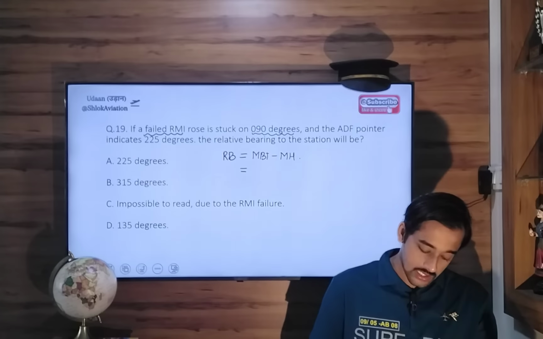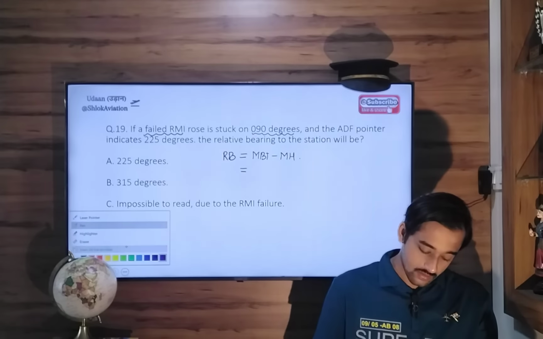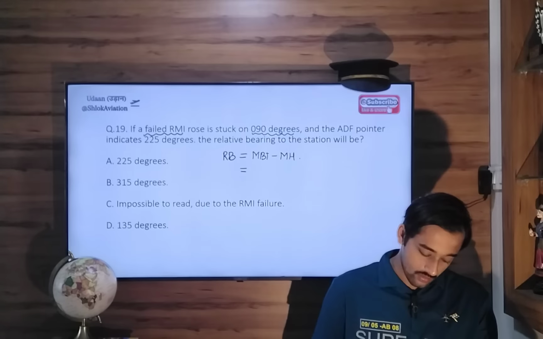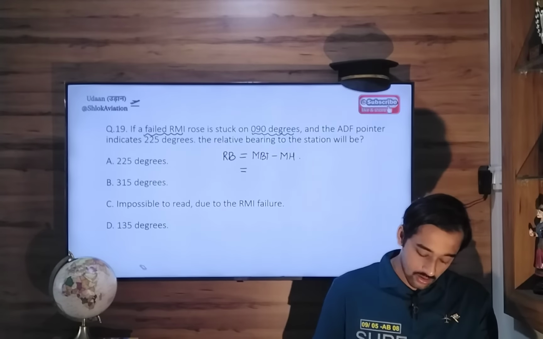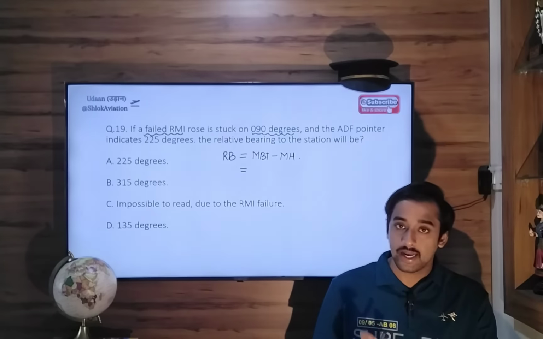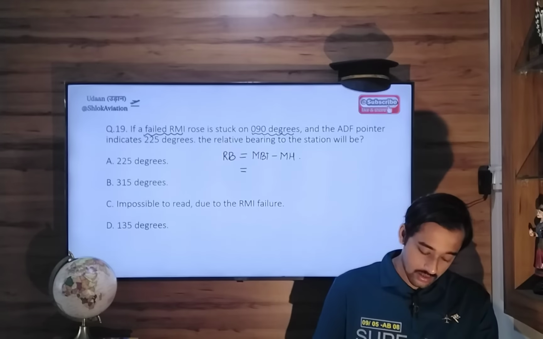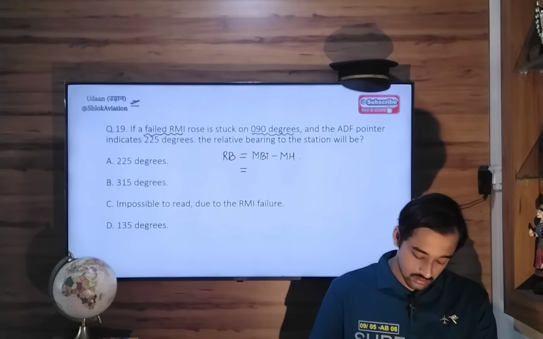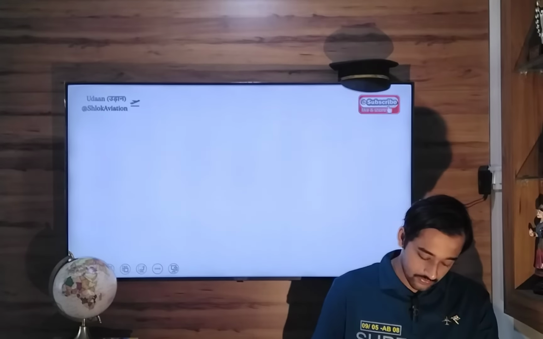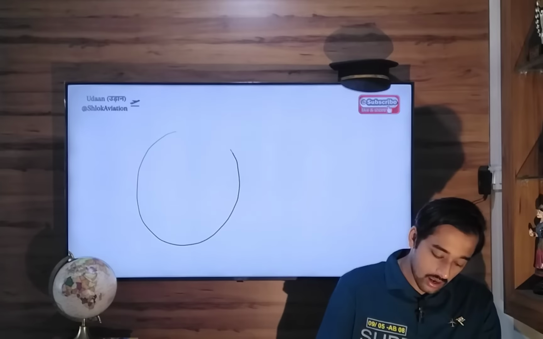If I have to draw the RMI indicator, what will it look like? It will have magnetic heading information on it. So this is your RMI.